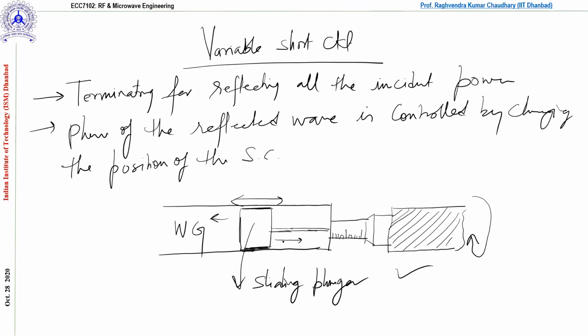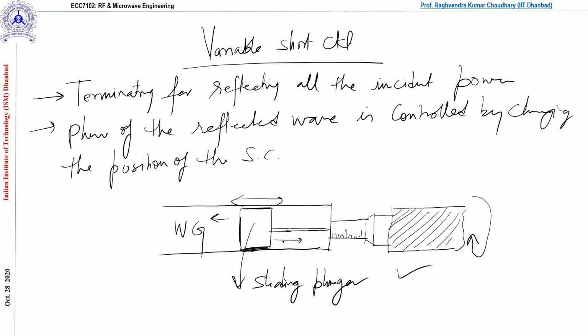Yes, definitely. As an electronics engineer, I can visualize it properly. So the picture is clear: this is a variable short. The sliding plunger must be of copper or some other conducting material, and we are moving the position of the short. As I told you, a perfect electric conductor could be used for these things, such as a variable short.